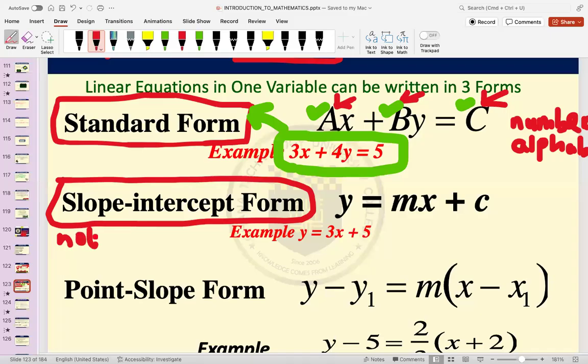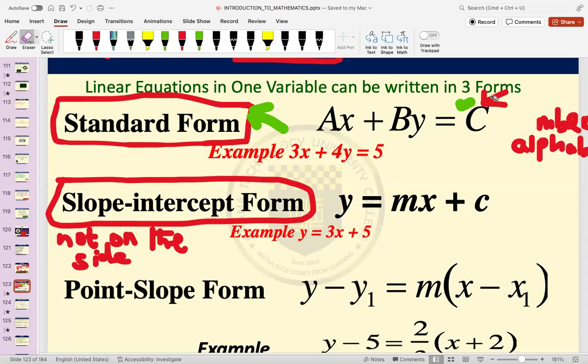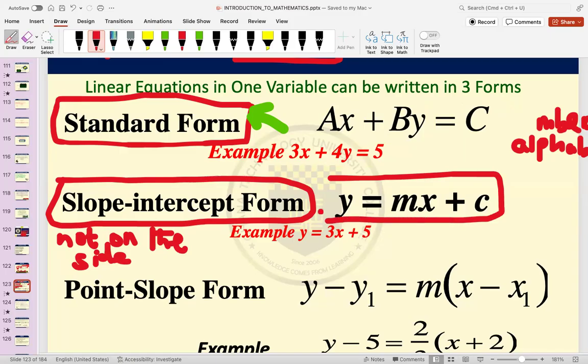So this is also the general equation. The general equation for the second type is y equals mx plus c. Let's compare it with the first one. Here, the x and the y were on the same side.